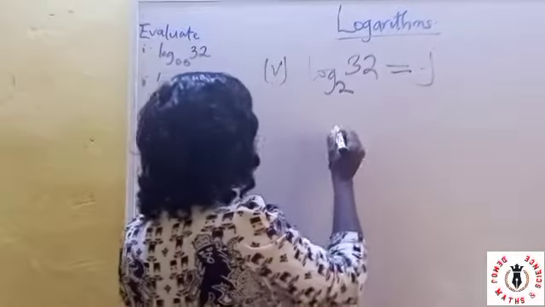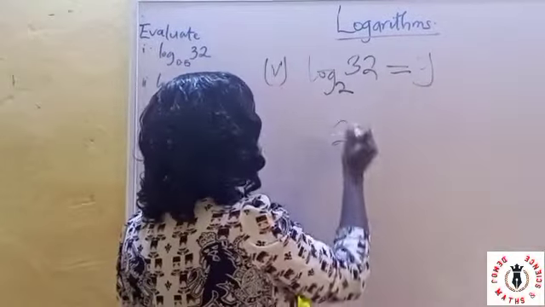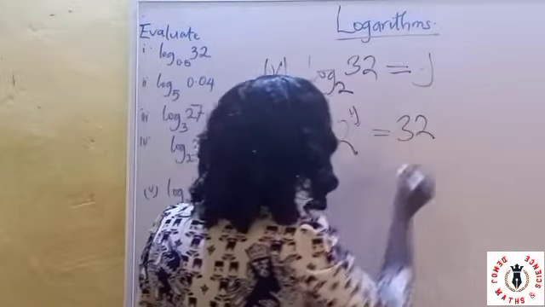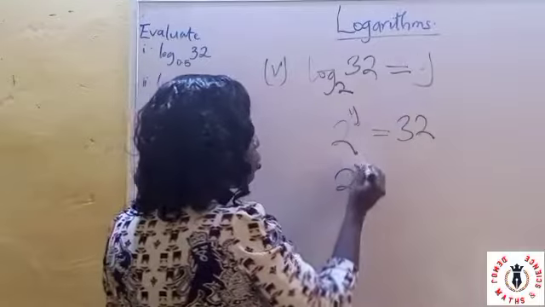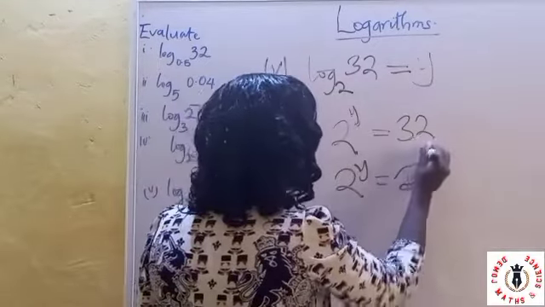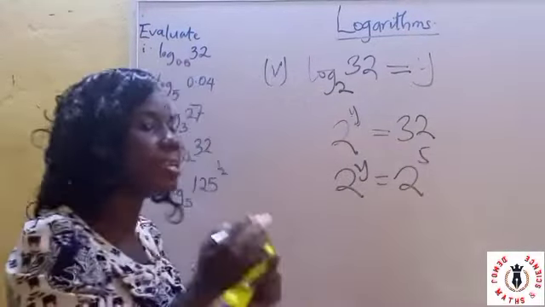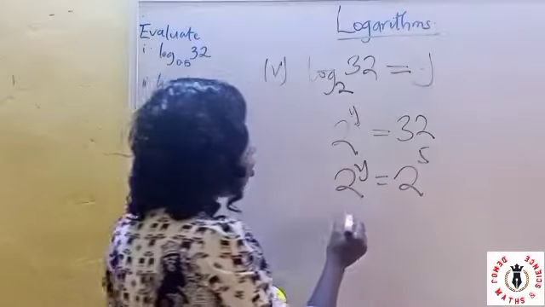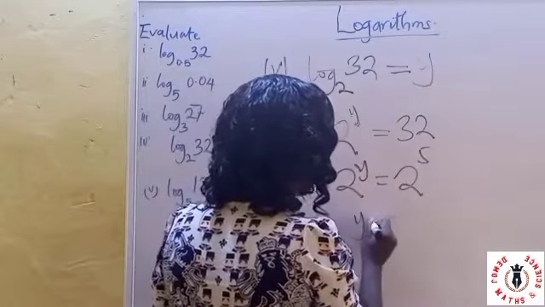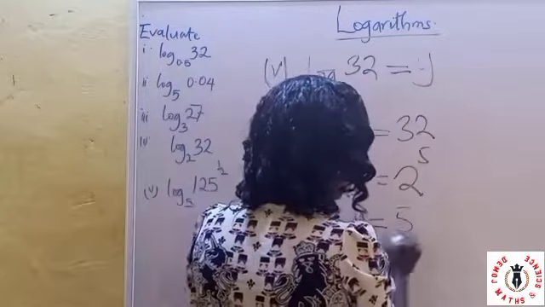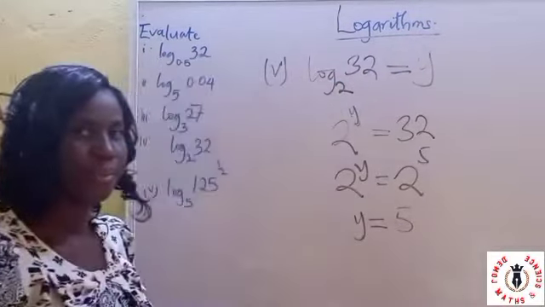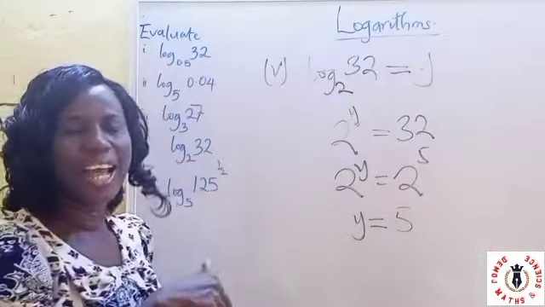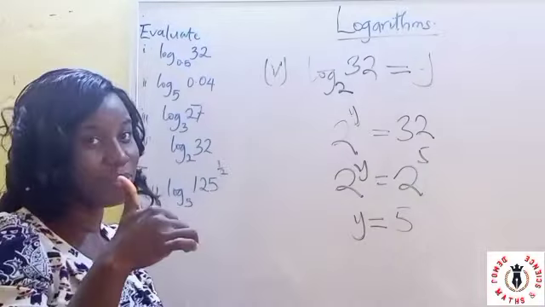So I'm going to write it again in index notation. 2 raised to the power of Y equals 32. Remember, 32 is actually 2 multiplied by itself in 5 places, so 2 to the Y equals 2 raised to the power of 5. Equating the base once again, our Y will become Y equals 5. If you've done this question and you got the answer again, thumbs up to you.